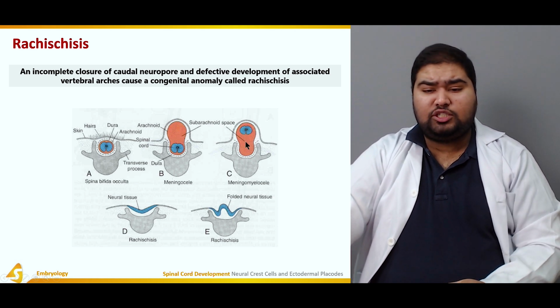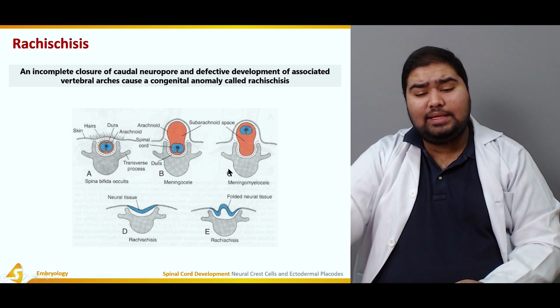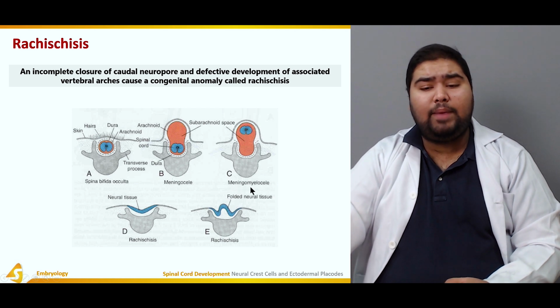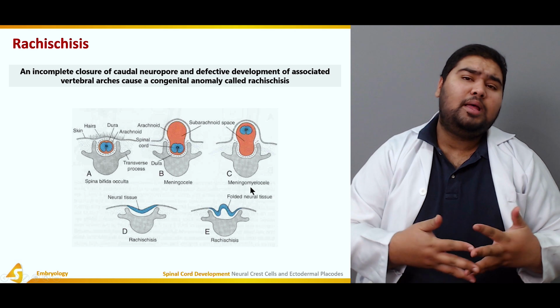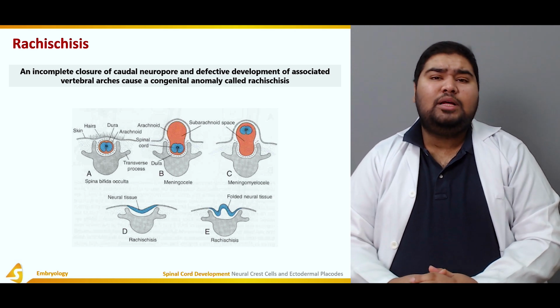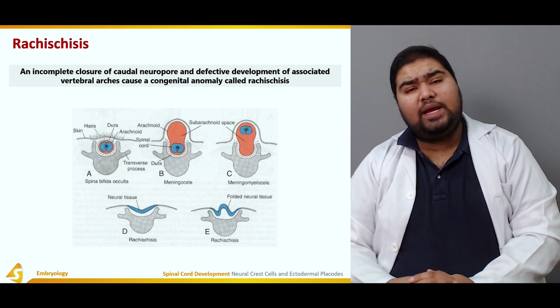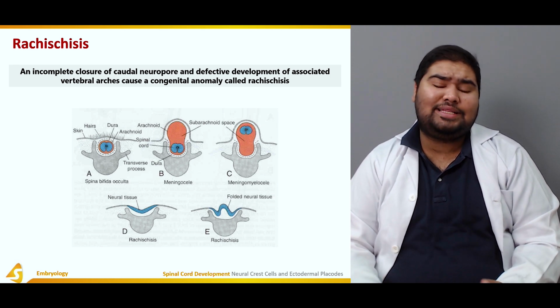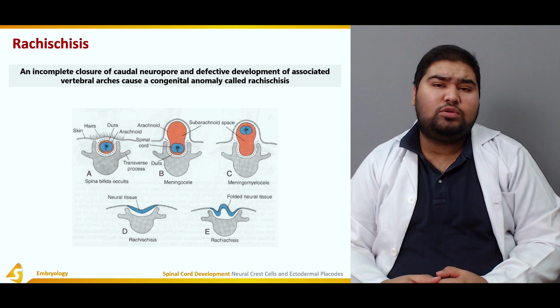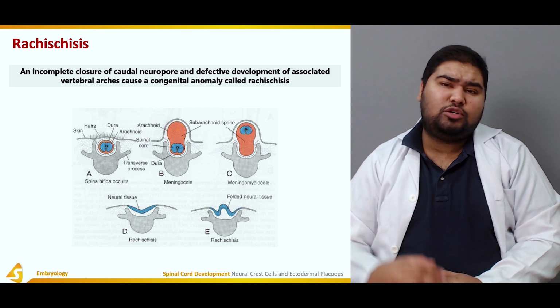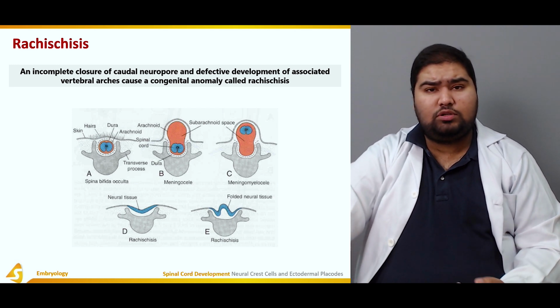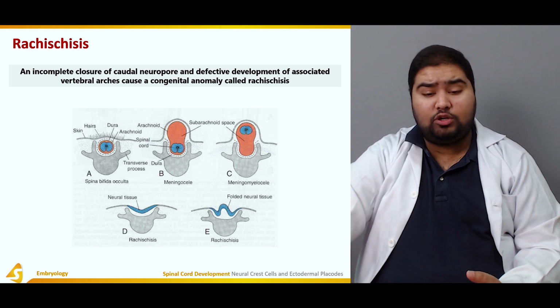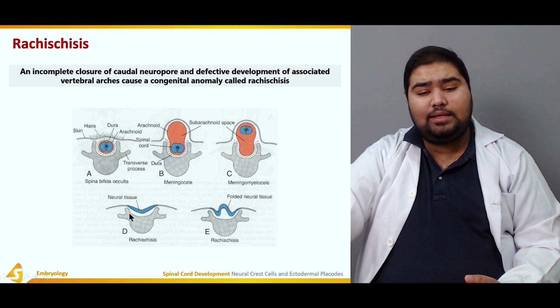In the C figure, we can see meningomyelocele, in which both the meninges as well as the neural component of the spinal cord herniate into a small closed sac which protrudes from the dorsal body wall. Now, this is Rachischisis.